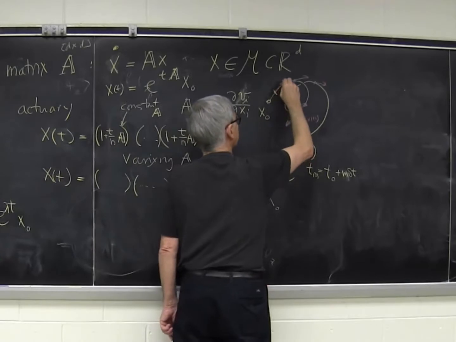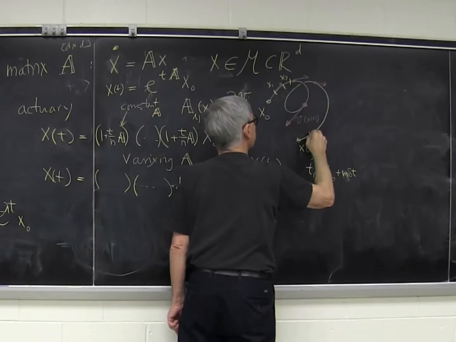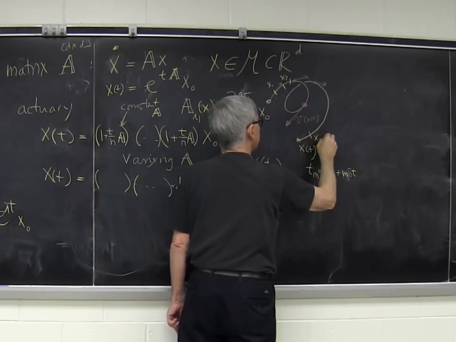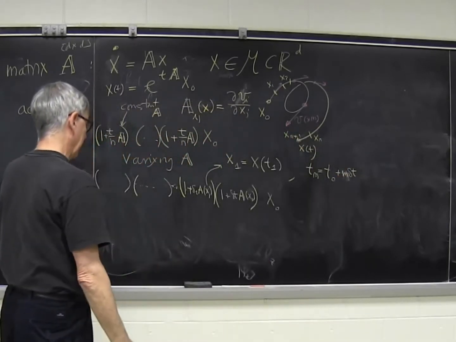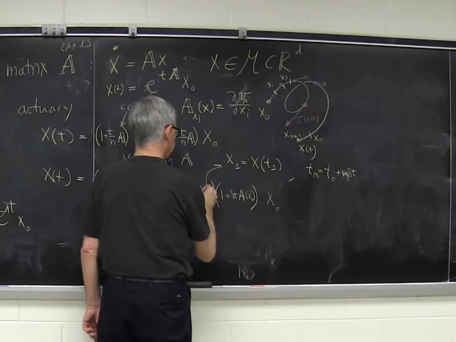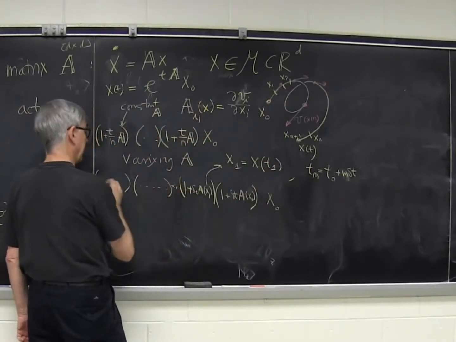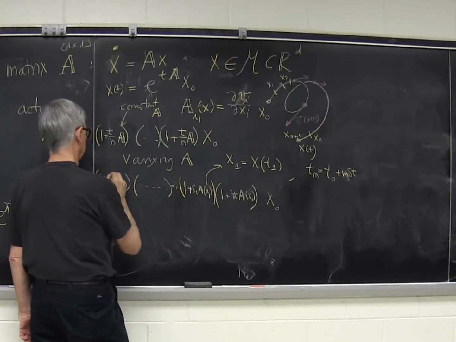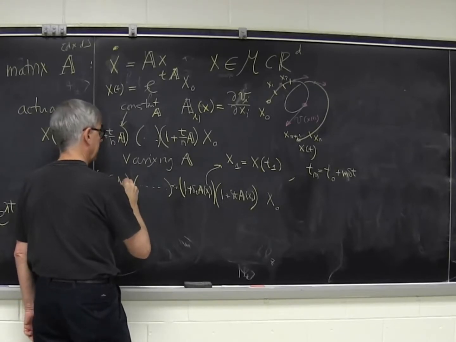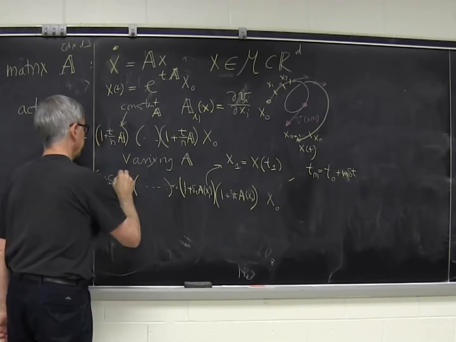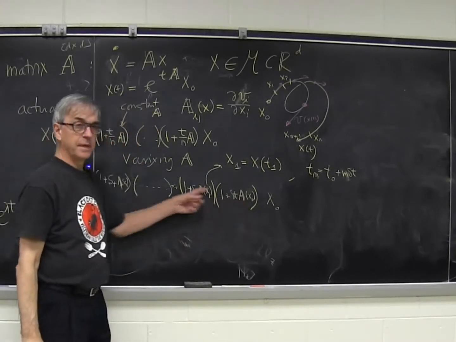So these are little ticks on the trajectory. This is x1, x2, and they're just computational ticks. And this is xn, and this is xn plus 1. So then we have to evaluate the stability matrix at this point, and so on, until we end up at the next to the last, x to the n. And again, they have to be ordered because they're matrices.